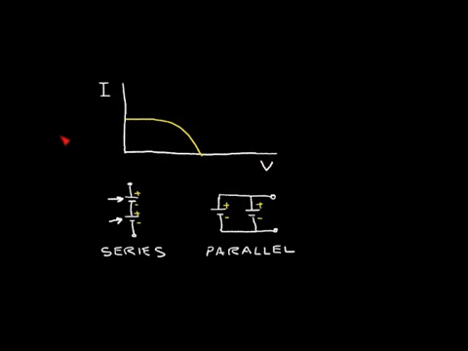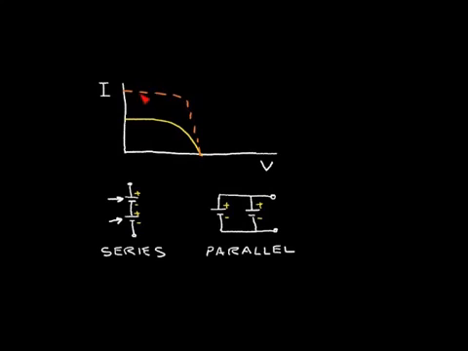And let's look at another situation. Let's say that we connect two identical solar cells in parallel in this way. And if we do that, we maintain the same voltage, but we double the current capability of the solar cell. So we end up with a new curve that has a higher current capability, but the same voltage capability here.